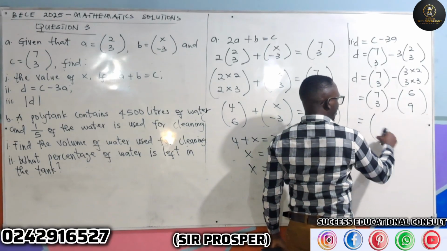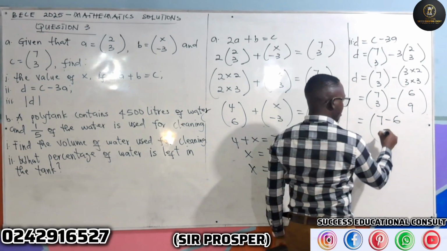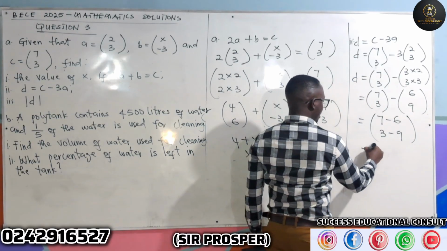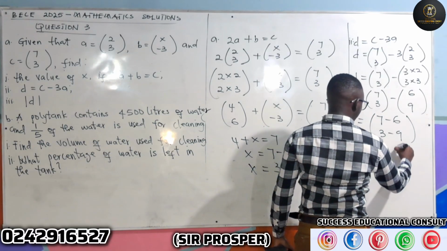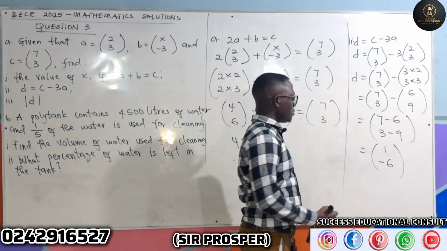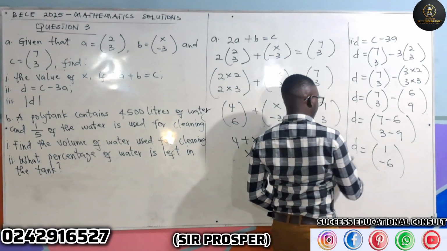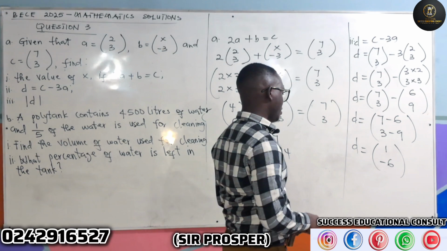Now subtracting corresponding components, 7 minus 6, 3 minus 9, and that gives us 1, -6. So that is the value of the vector D, 1, -6.